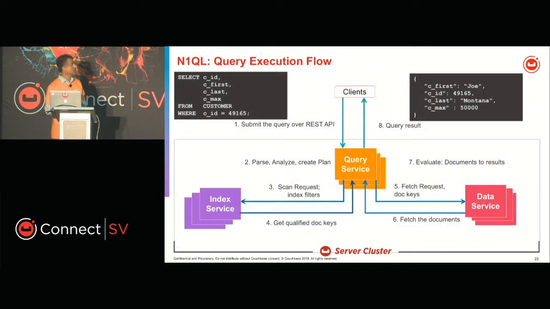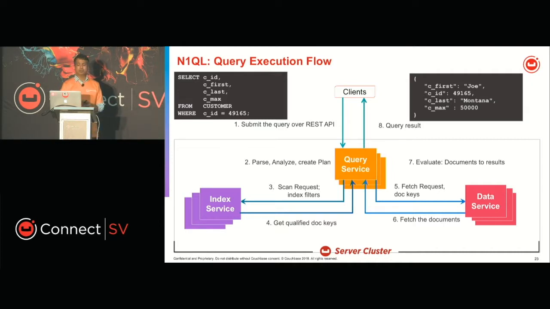Okay, how does N1QL work, right? Finally, it's all about execution. Your application, whether through SDKs or other APIs, issues the query, and we get the request through the REST API. The query engine does parsing, semantic analysis, as well as creating a query plan. For those of you who know relational databases, that's what the query layer within standard relational databases does as well.